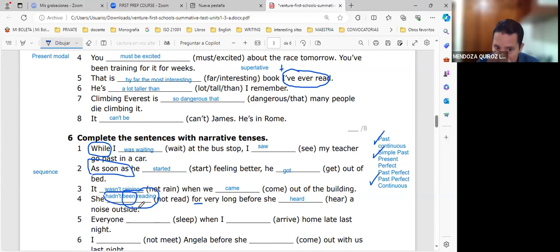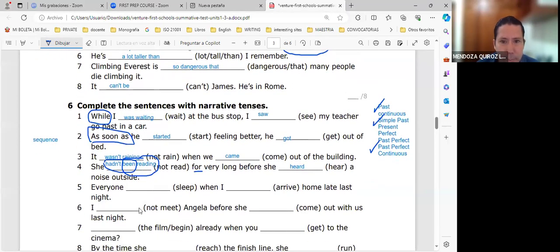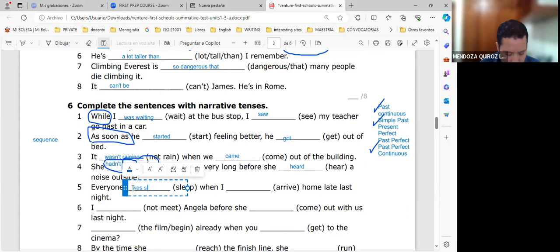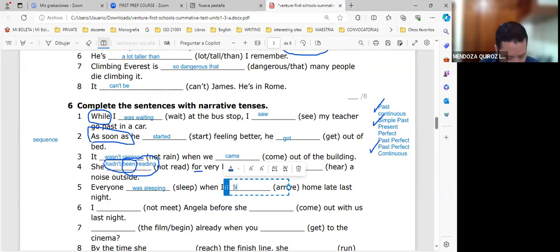Number 5, Dalma, everyone. Everyone was sleeping when I arrived home late last night. Was sleeping when I arrived, no? Arrived home last night. Excellent, Dalma. Everyone was sleeping.